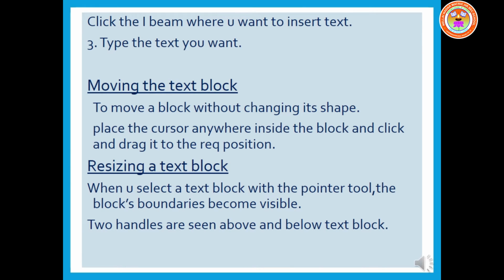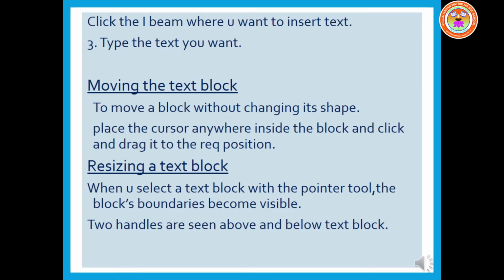To move a block without changing its shape, place the cursor anywhere inside the block and click and drag to the required position. That is the step to move the text block. Place the cursor anywhere inside the block and click and drag to the destination place.